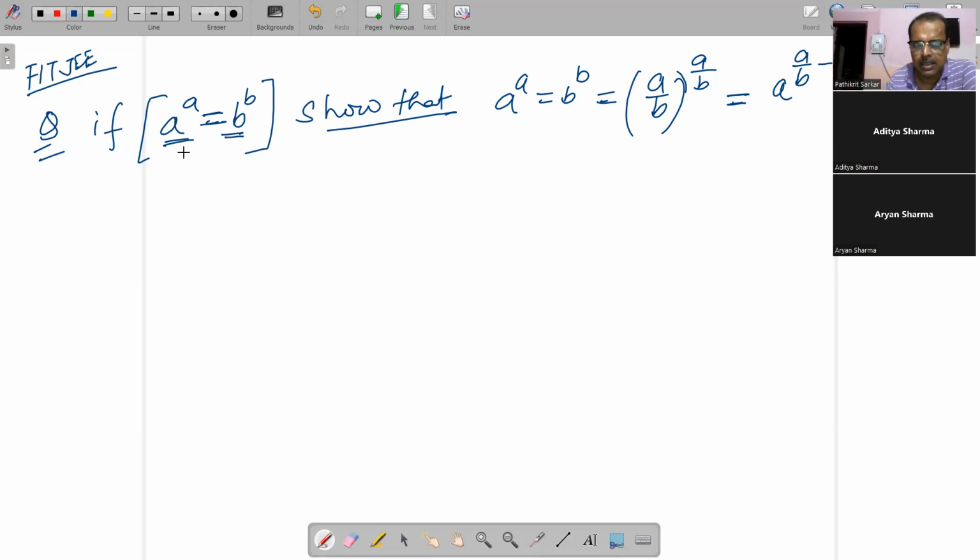सर एक काम करते हैं, इसको a by b फॉर्म में किसी भी हालत में हमको लेके जाना पड़ेगा, क्योंकि a to the power a है तो पहले प्रूफ में तो कोई प्रॉब्लम ही नहीं है, ऑलरेडी दिया हुआ है, लेकिन इसको प्रूफ करने के लिए थोड़ा प्रॉब्लम होगा.